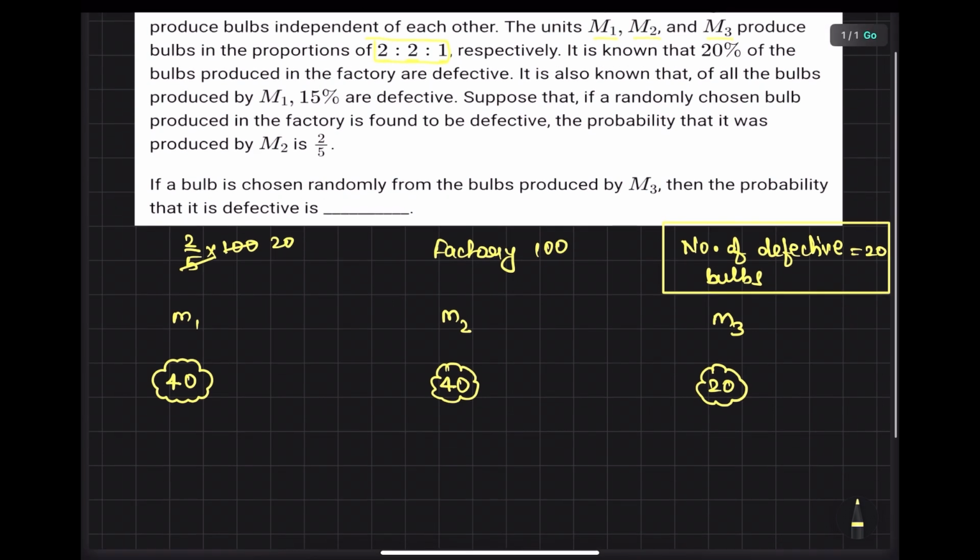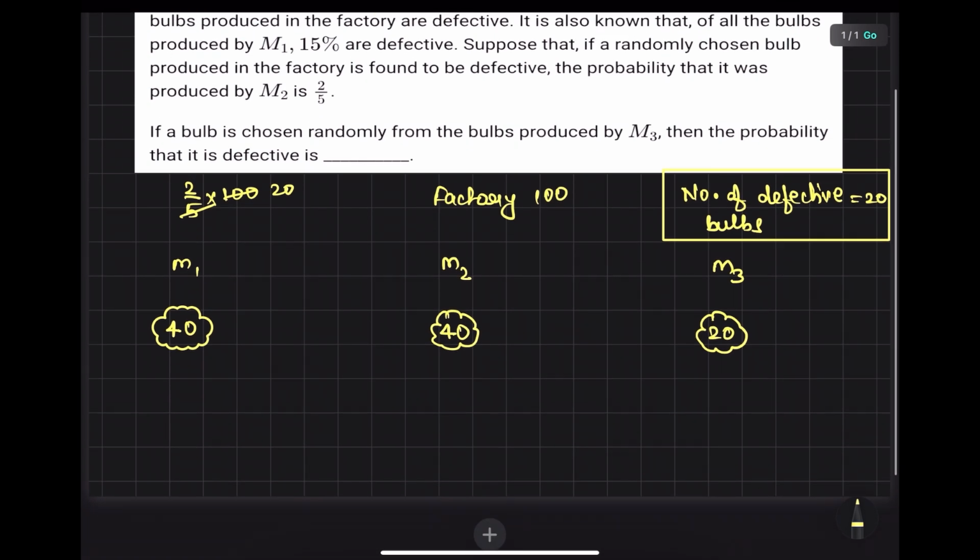So this means 15 by 100 into 40. You can simplify things: 5 threes are 15, 5 twos are 10. So 6 bulbs altogether are defective. So we have 6 defective bulbs from M1.